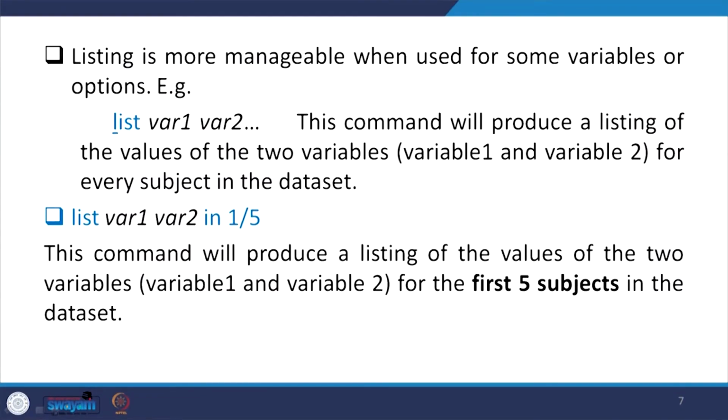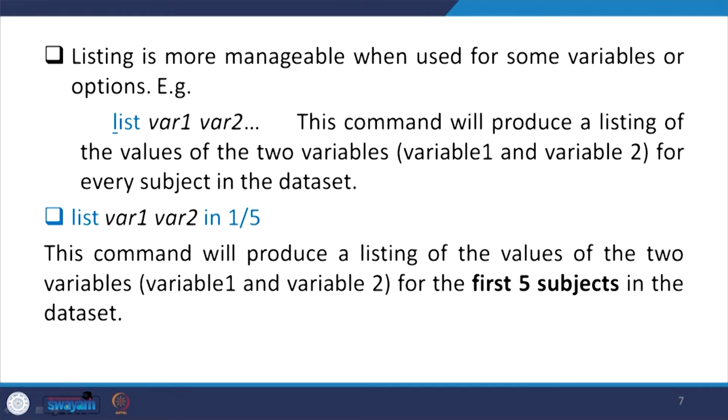Now, list variable is going to be more interesting. If there are some lakhs of observations, usually the data sets we handle have more than 2 lakhs, or even NFHS has 6 lakhs observations, then showing them by variable on the screen is going to be cumbersome.